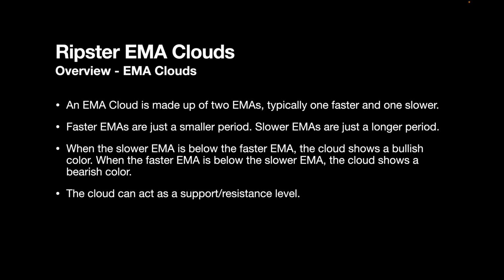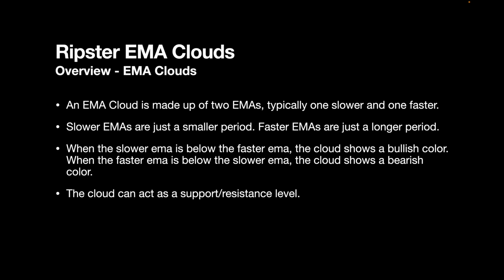So it's a really quick visual way to understand what's going on in the chart without having to dive too deep into the price action. These clouds can then act as support and resistance levels, and you can identify what's happening to the trend based on how they interact with that support and resistance.